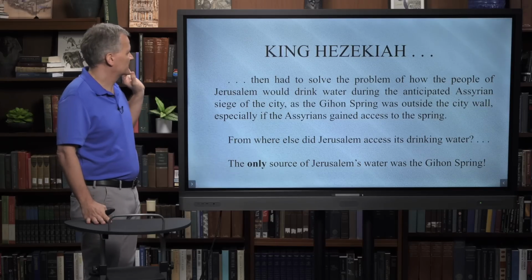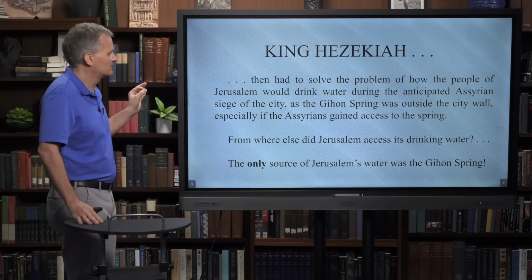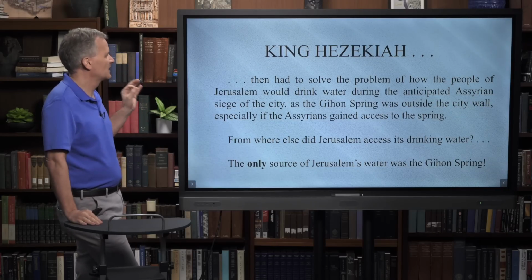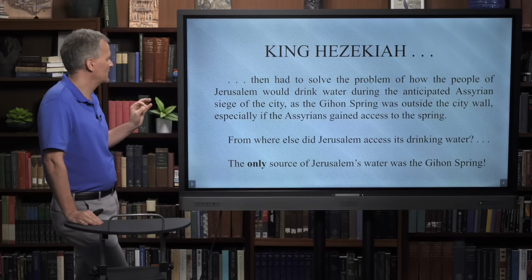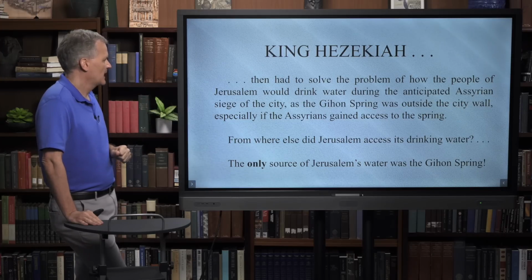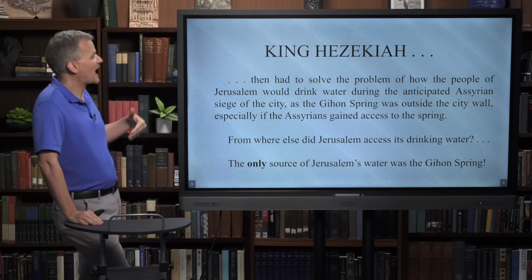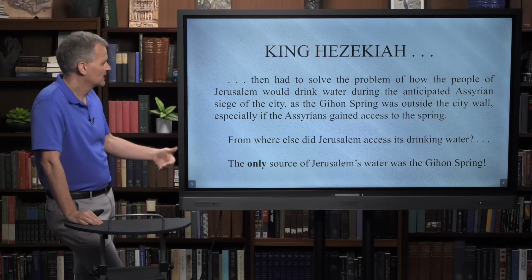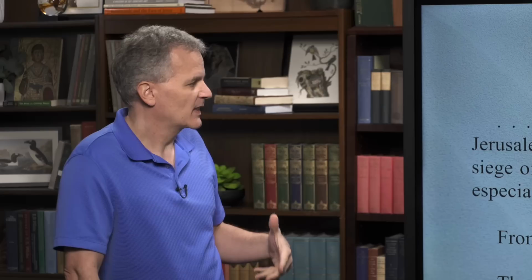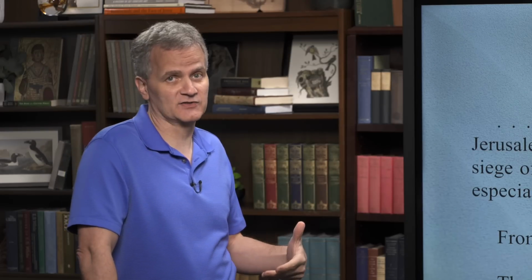It says King Hezekiah then had to solve the problem of how the people of Jerusalem would drink water during the anticipated Assyrian siege of the city, as the Gihon spring was located outside the city wall. Especially, he would have to do this if the Assyrians were to gain access to the spring itself.